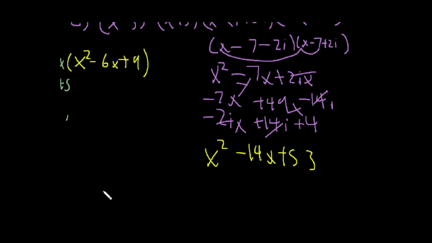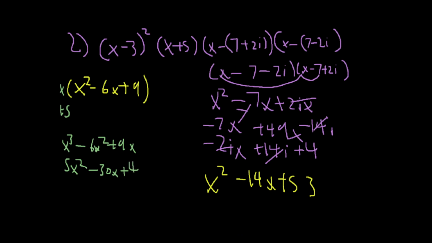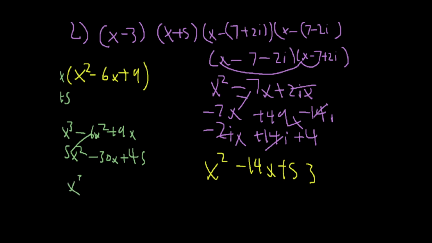So what we're doing is x cubed minus 6x squared plus 9x, and that's 5x squared minus 30x plus 45, and then this is minus x squared. Okay, and then this is minus 21x plus 45.